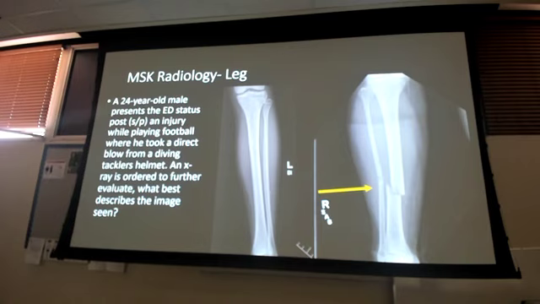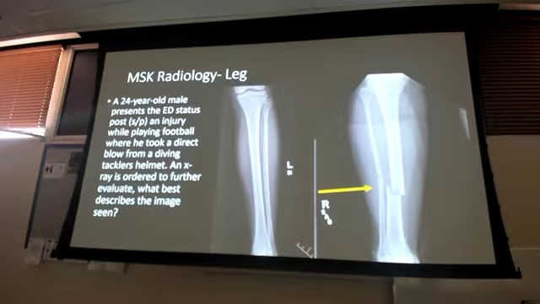Transverse. I think I already know what you're going to ask. Go ahead. Spiral tibia? How many say spiral? How many say just regular transverse? Direct blow.